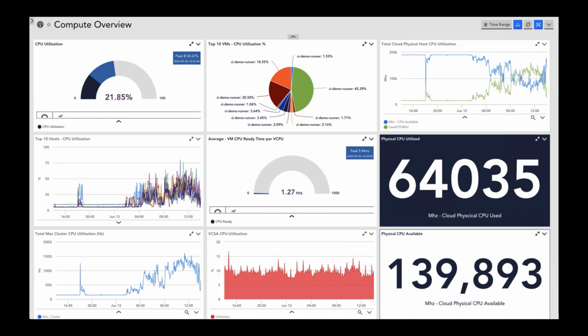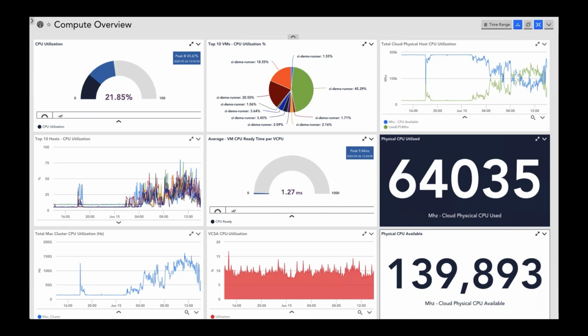So you can use multiple widgets within this same dashboard to understand that scenario or that story and actively troubleshoot an issue within your environment utilizing these widgets.